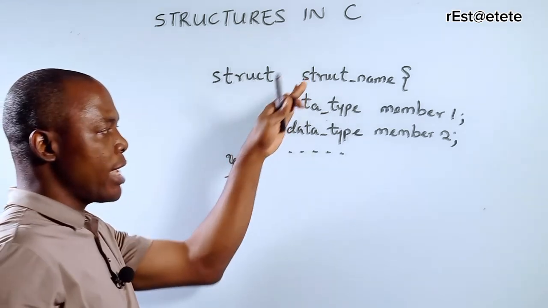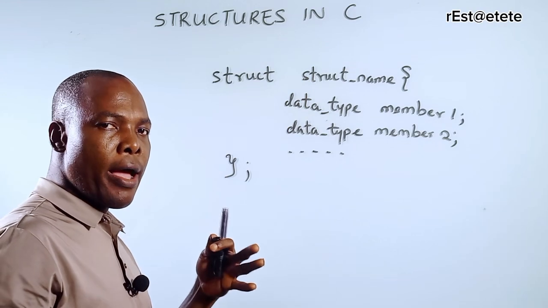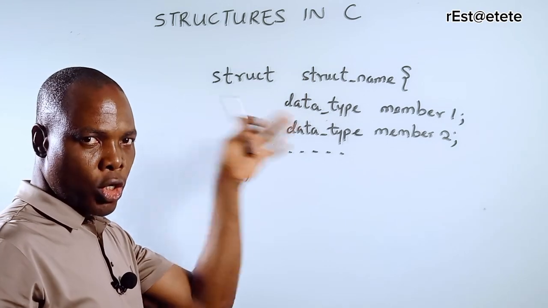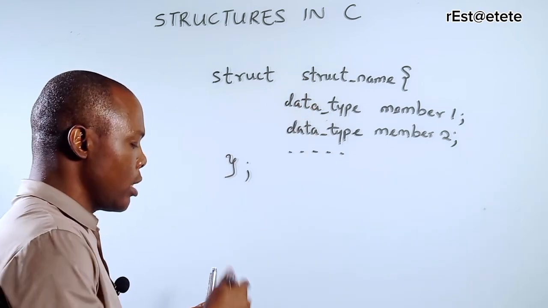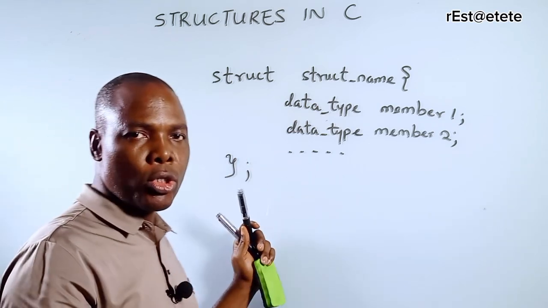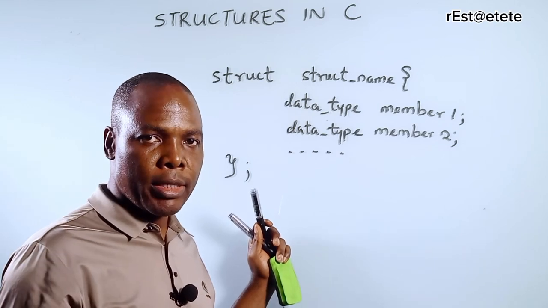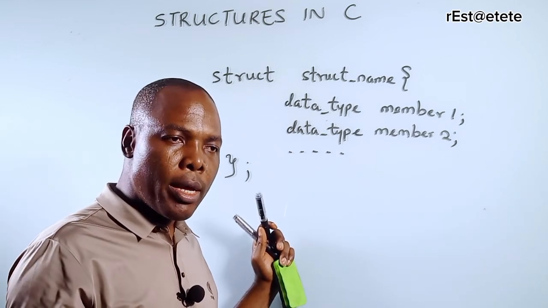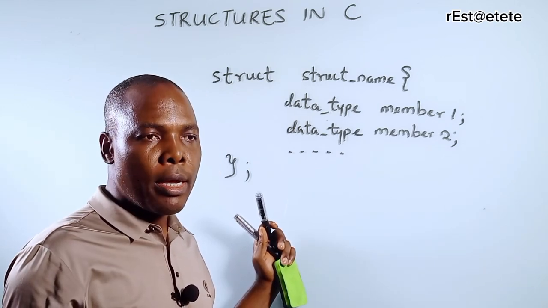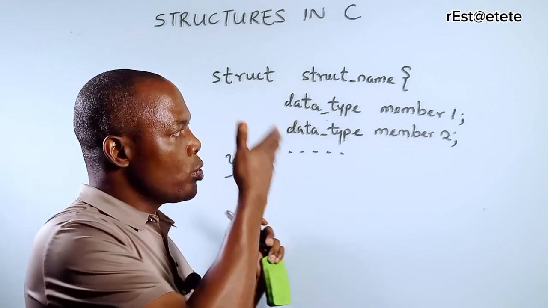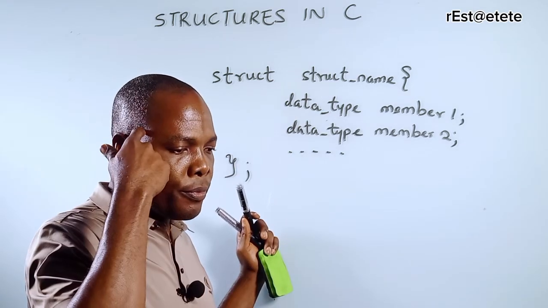Now, if this is the syntax, I want to declare a structure like this for you to see. So why do we need this structure in reality? This is used to represent a physical entity like a book, employee, student. So that is what you use structures for.